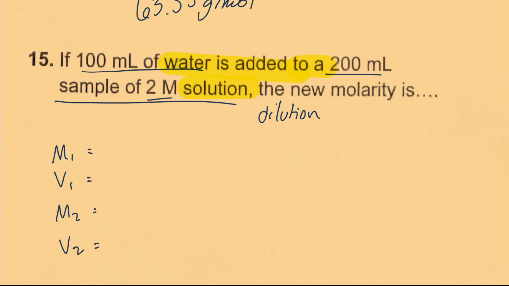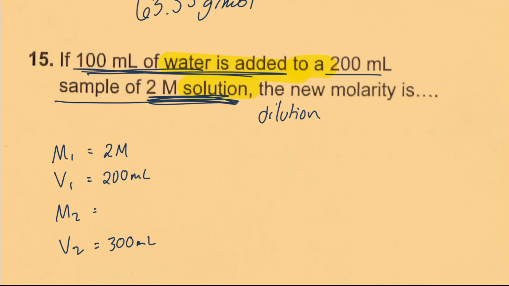My original molarity is 2 molar. My original volume is 200 mils. What is my second volume? It's going to be 300 milliliters, right? If you said 100, remember it's being added, so we have to add our volumes. 100 mils of water plus 200 mils of solution gives me 300 milliliters of solution.